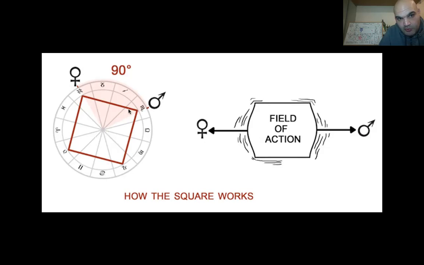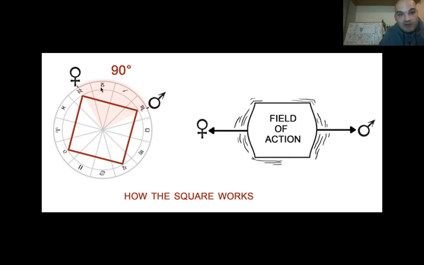So this angle here is a square, it's 90 degrees, which is 3 signs from each other. The reason this is seen as a bad aspect is because they're both fixed in their energy. So it's 2 similar energies. It's like too much fixed energy.